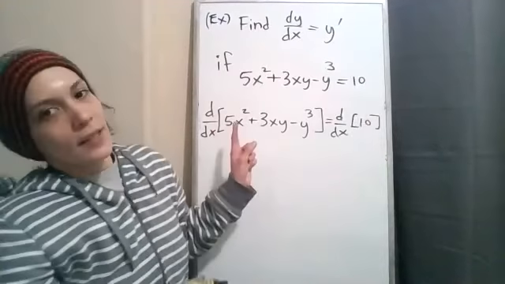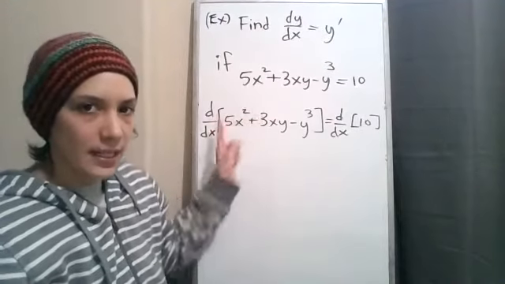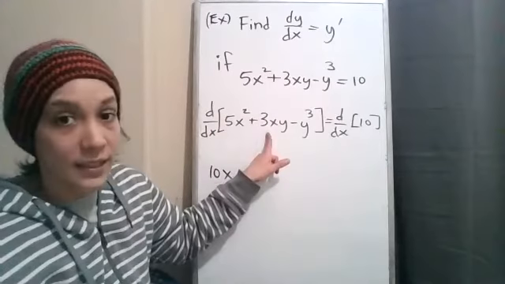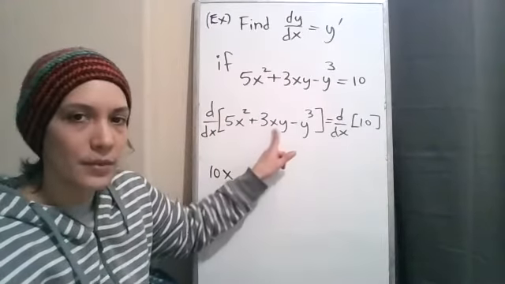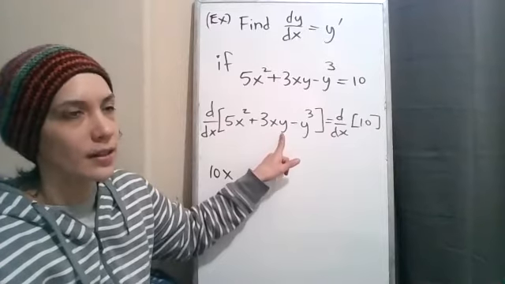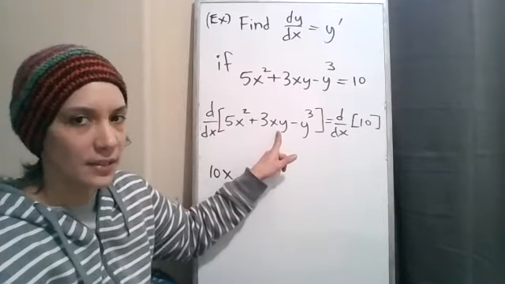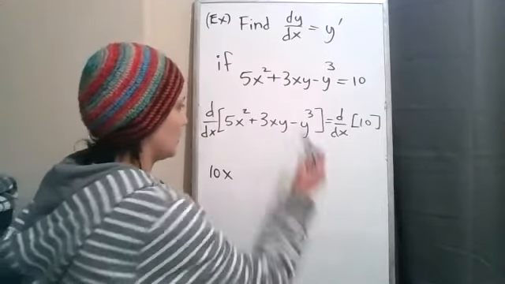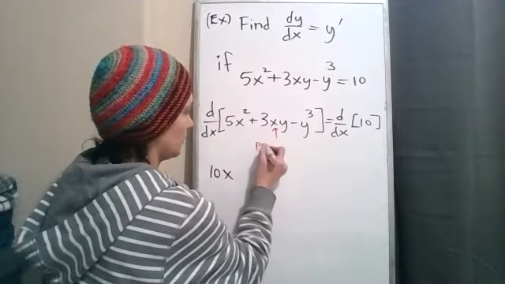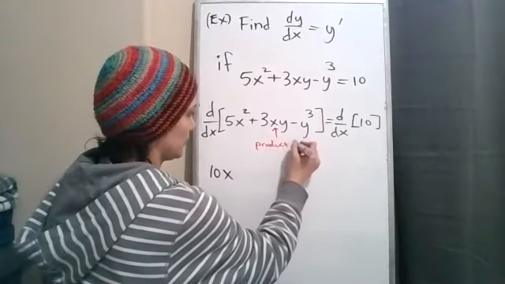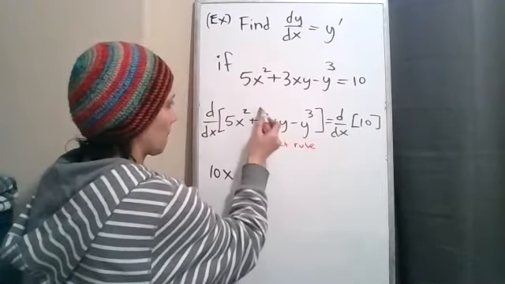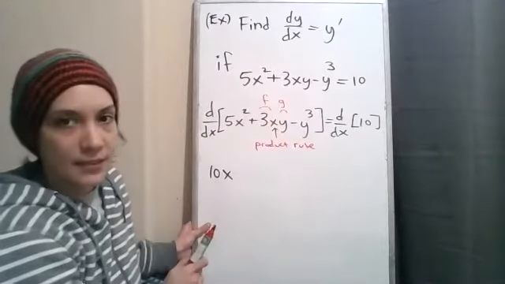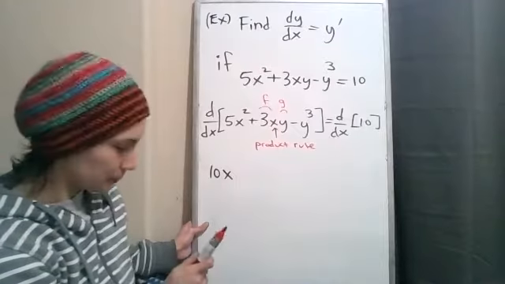Sweet. First term, take the derivative and get 10x. Ooh, right here, this is going to be a product rule. The product of 3x and some function of x. Y is a function of x. f is going to be 3x and g is going to equal y.